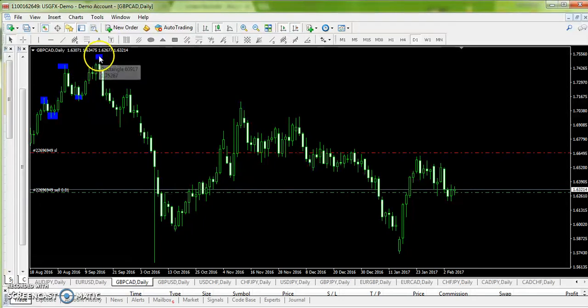Okay, after the posting of this higher high, I'm talking about 21st of September 2016, right? After this higher high, the market has posted a new low over there, right? So this is the new low. Why is it called the new low? Because it has broken the previous higher low, right?